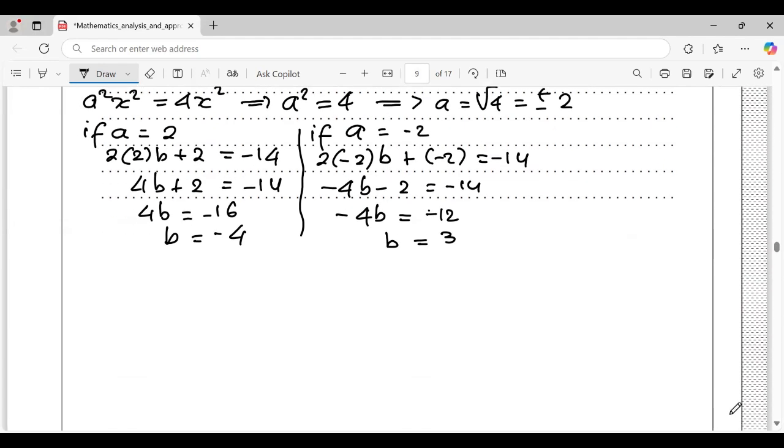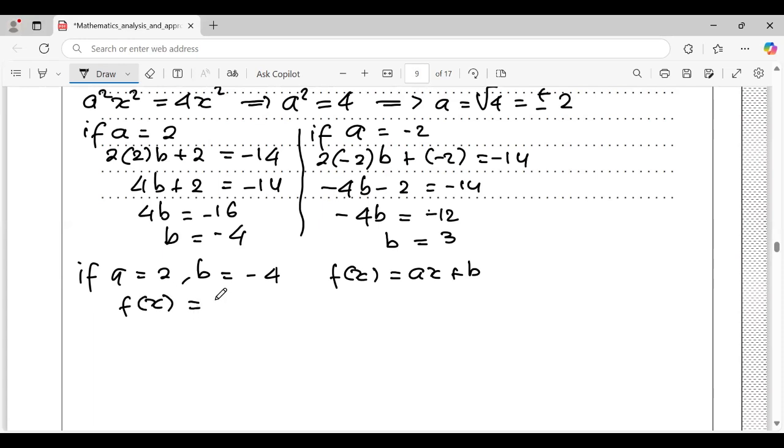And the next, if a equal 2 and b equal minus 4, f(x) is ax plus b, so the function will be f(x) equal 2x minus 4.